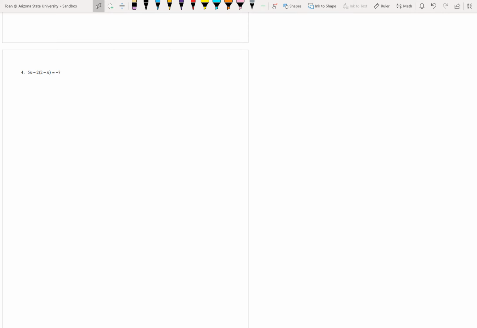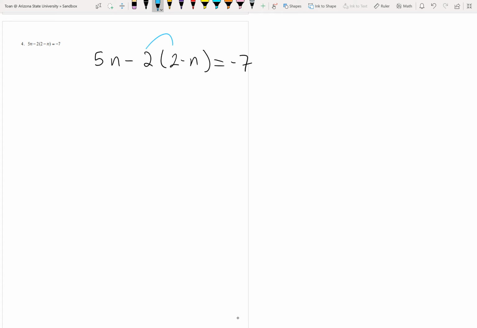Number 4 was just another example of solving an equation. One of my hints was if you have some complicated things like parentheses, to simplify the problem before actually solving it. So typically numbers in front of parentheses tells you to distribute. Do note it's a minus, so you're going to be distributing the negative as well.